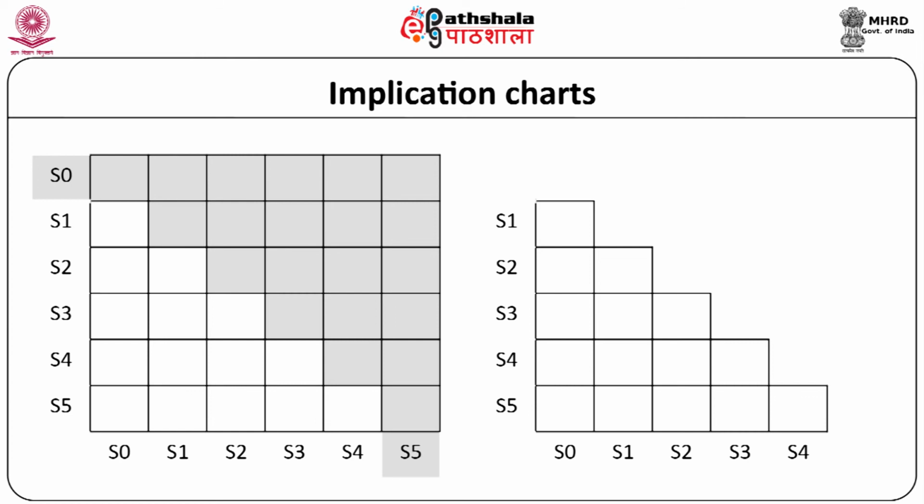Step 2. Compare each pair of rows in the state table. If the outputs associated with the states Si and Sj are different, place x in the square Si and Sj.